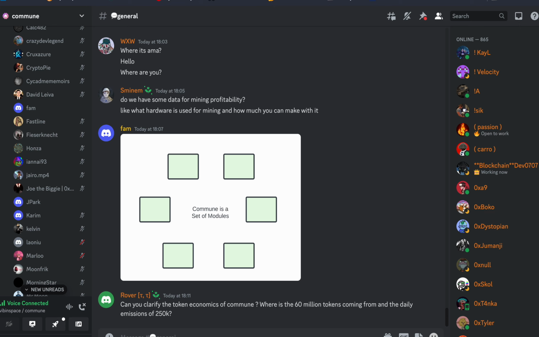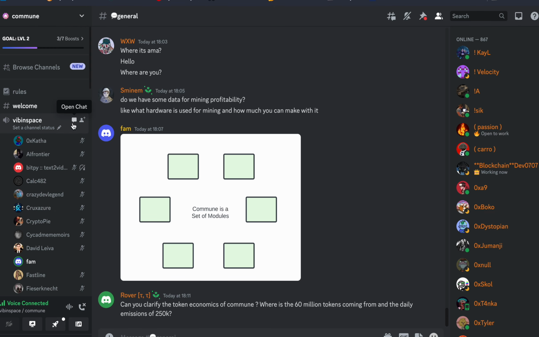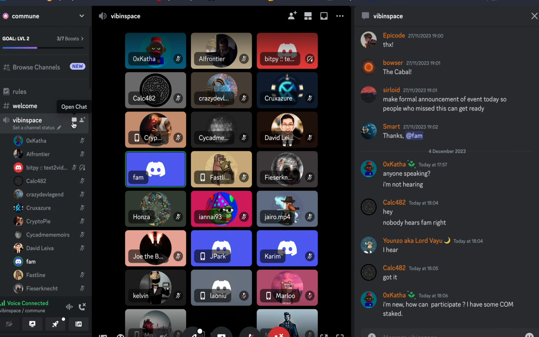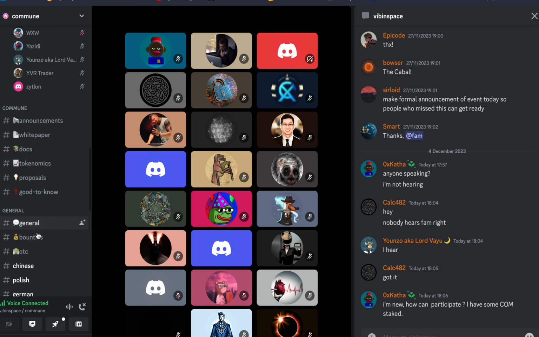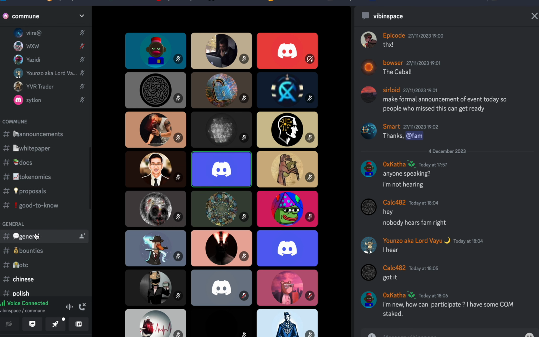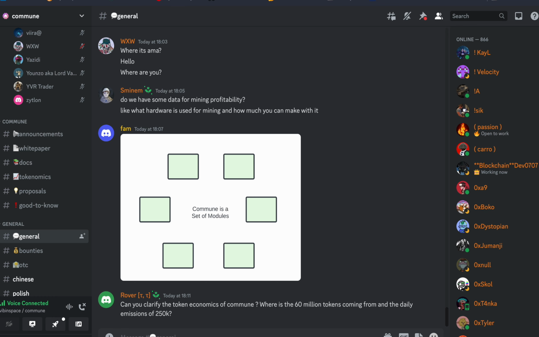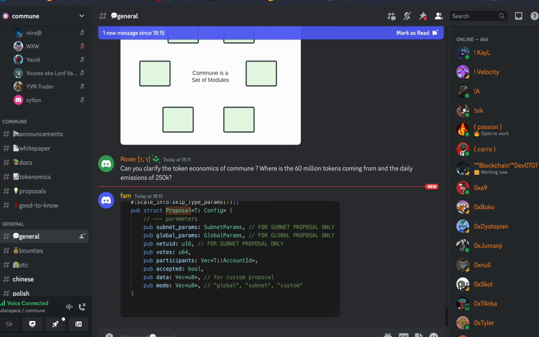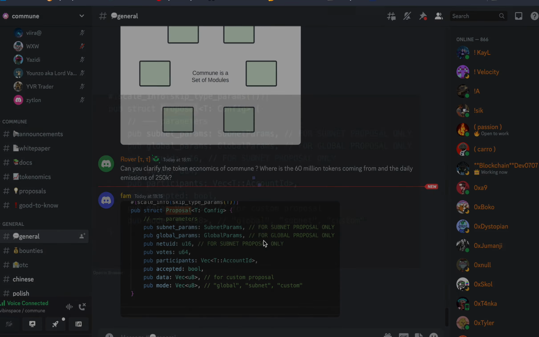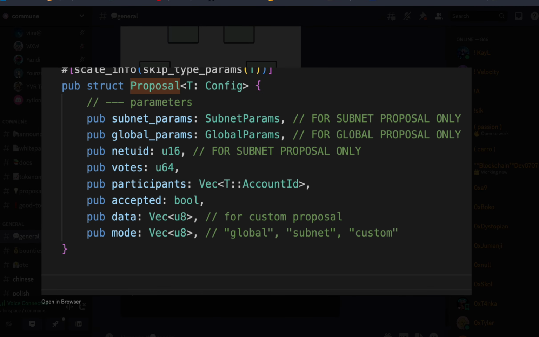So if there are any questions there, I'm going to go into the voting system if you don't mind, just briefly. The voting system essentially consists of a proposal, and anyone that's registered on the network can make a proposal.